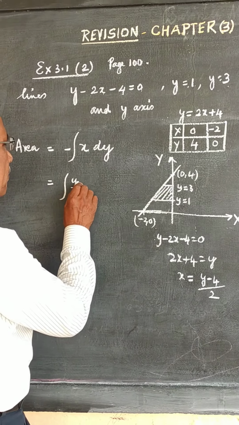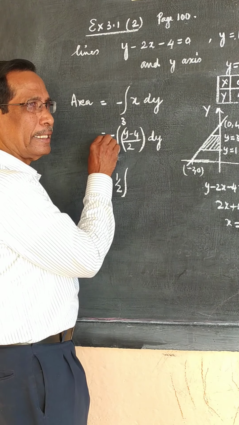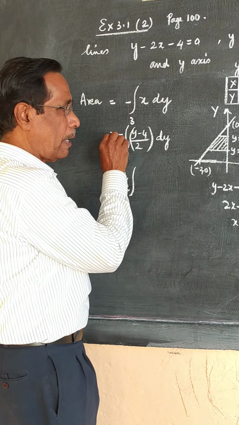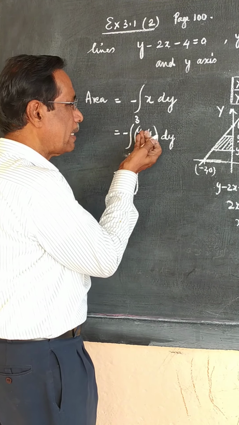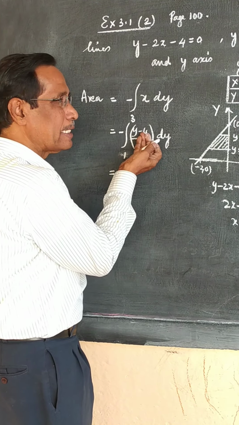Just for our convenience, I can write 1 by 2 outside the integral. Since there is a minus sign here, to make this positive, I can rewrite y minus 4 as 4 minus y. So I am including this minus sign inside the integration. So dy.